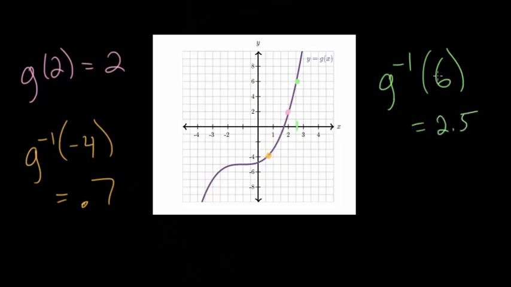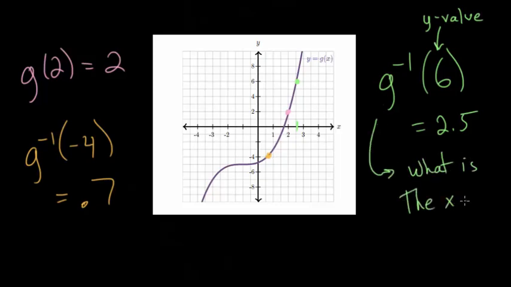So in summary, when given something using the inverse notation, this number on the inside is the y value, and essentially what is the x value is what this question is asking. So given a y value of 6, which x value gives you that? And we found that x would have to be 2.5 to give a y value of 6.